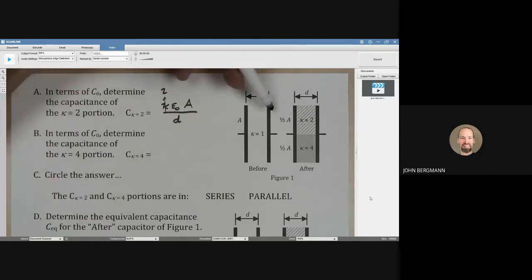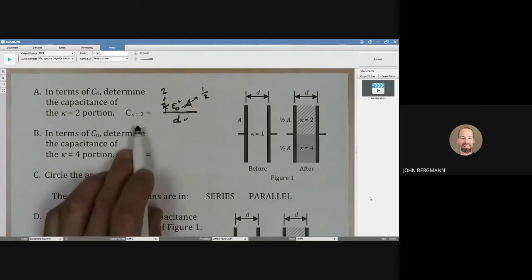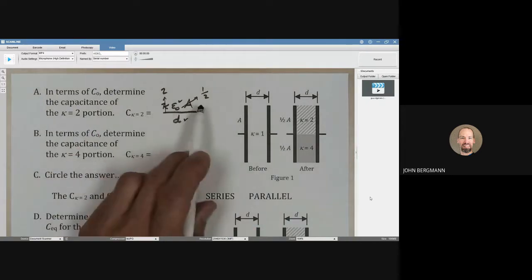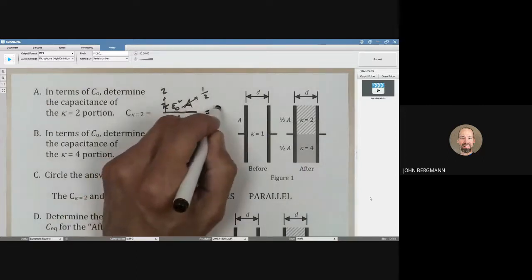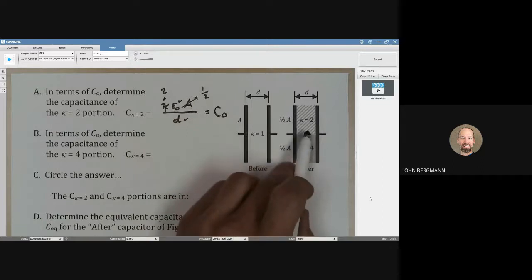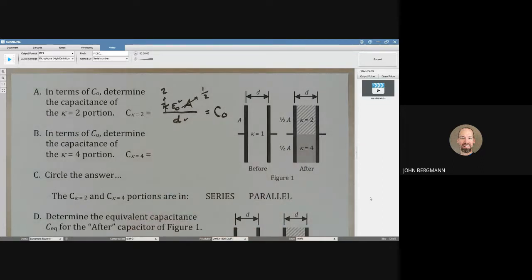The area used to be A, but now it's 1/2 of A. And D is the same as it was before. The capacitance of just this top half, there's a 2 and a 1/2, it's still C naught. That top half has the same capacitance as the whole capacitor did before we did anything.